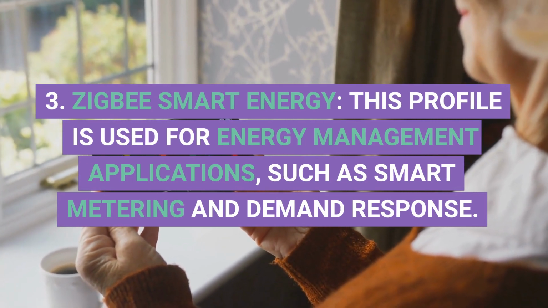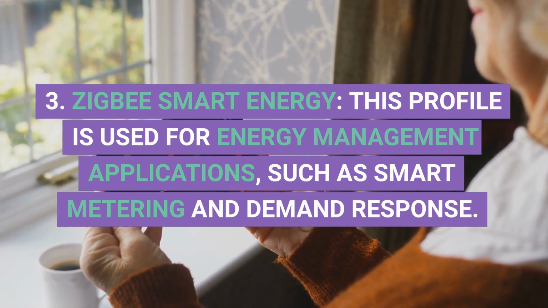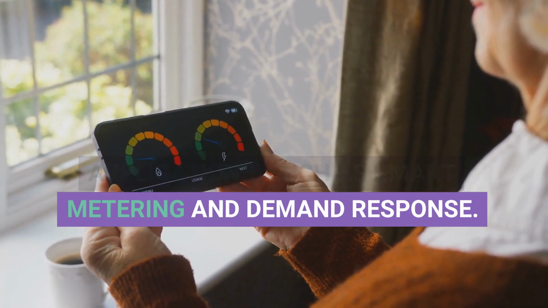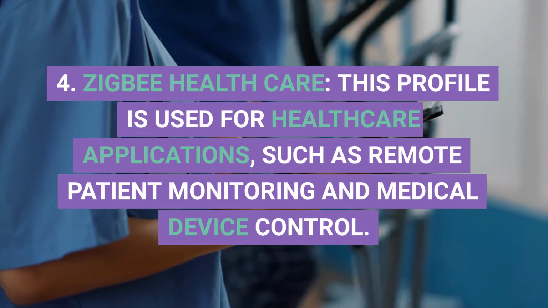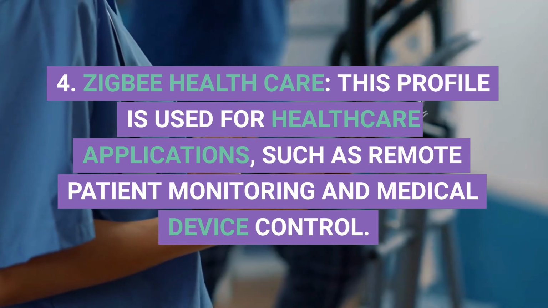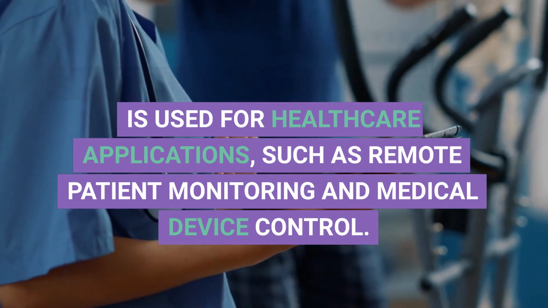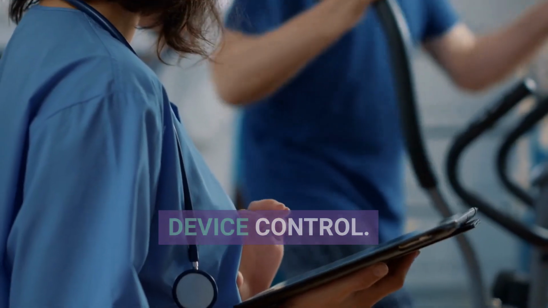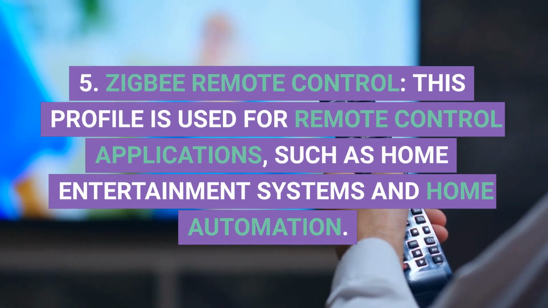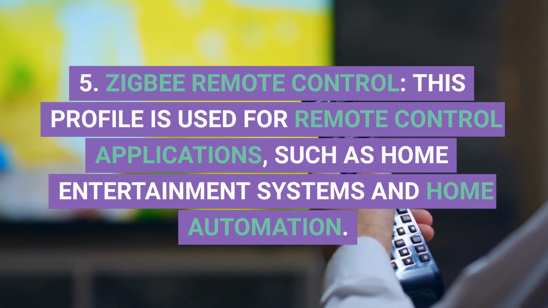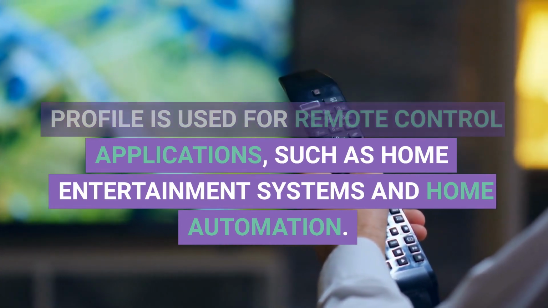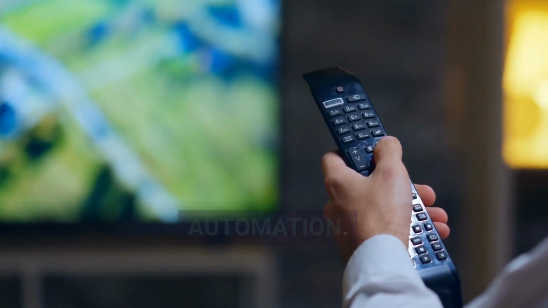This profile is used for energy management applications, such as smart metering and demand response. 4. ZigBee Healthcare. This profile is used for healthcare applications, such as remote patient monitoring and medical device control.